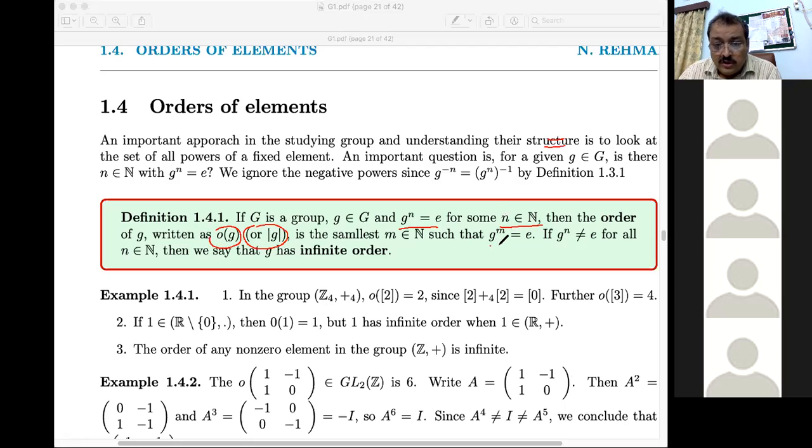That is, the smallest number where g to the power m gives us the identity. And if g to the power n is not equal to identity for all n belonging to N, then we say that g has infinite order.